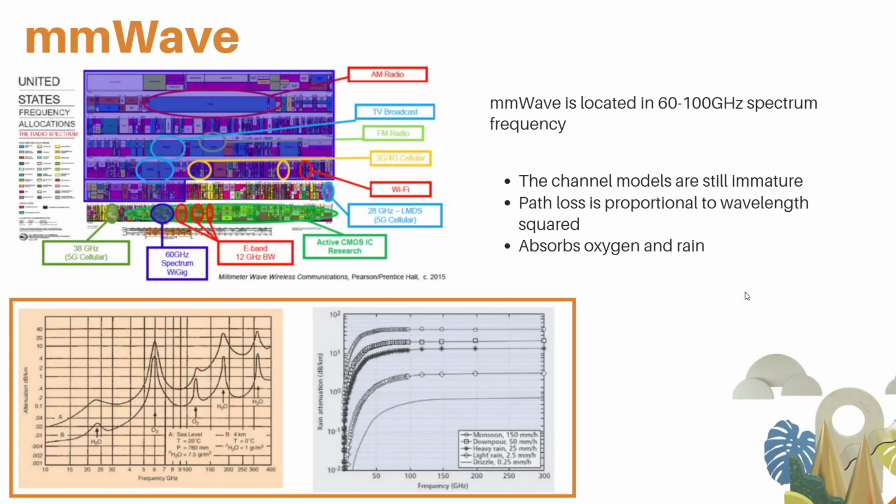Okay, now let's move on into the last part, which is about millimeter wave. Millimeter wave starts from 60 GHz and goes up to 100 GHz spectrum frequency, and it is located in the high spectrum bandwidth.